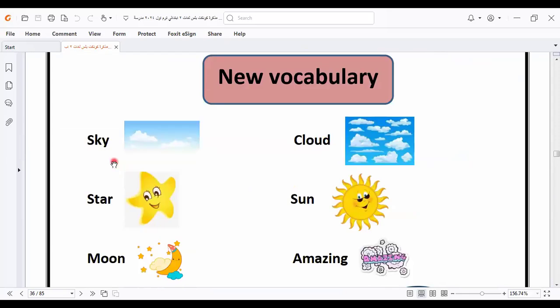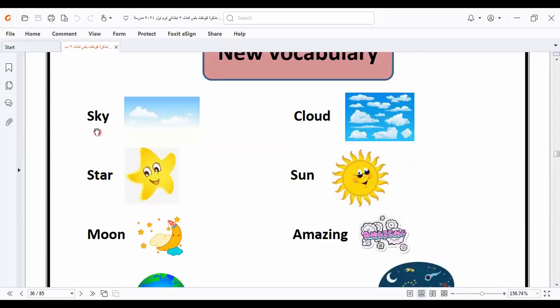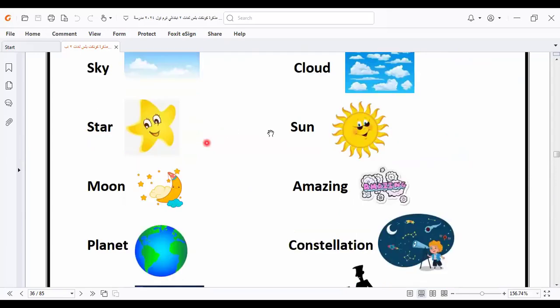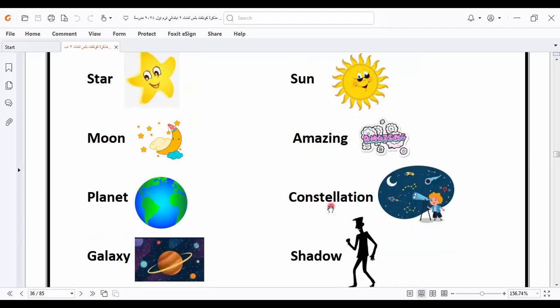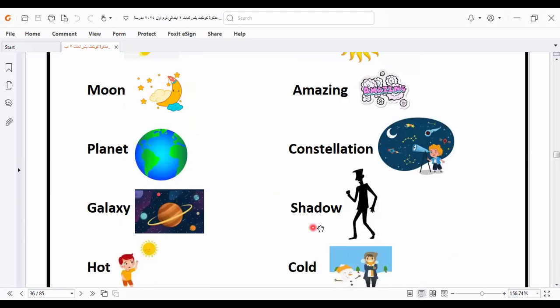Here we have some new vocabulary. I would like you to learn with me. We have sky, cloud, star, sun, moon, amazing, plane, constellation, galaxy, shadow.